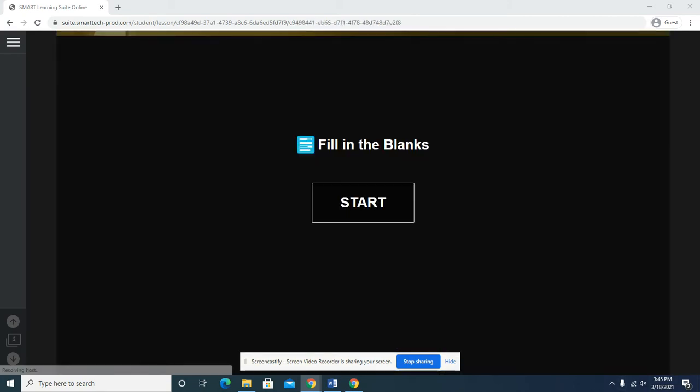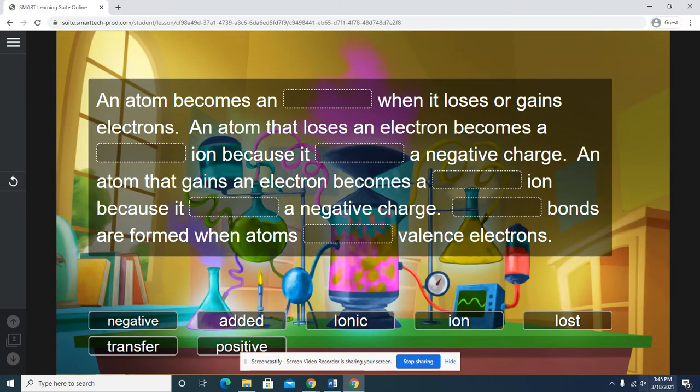Next game is a fill in the blanks. You just have to drag from the bottom of the screen the word that goes into the blank. An atom becomes an ion when it loses or gains electrons.